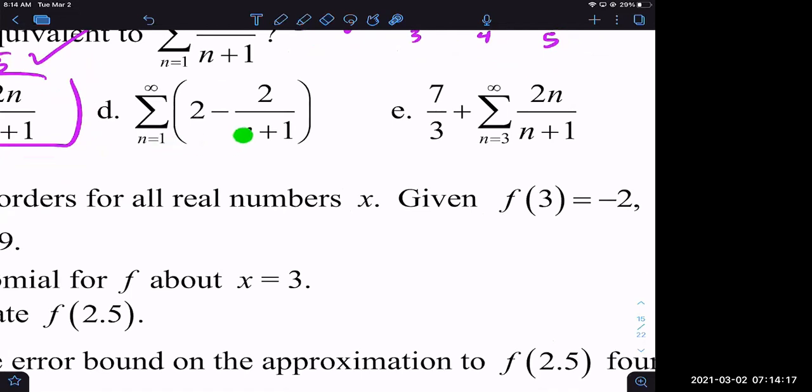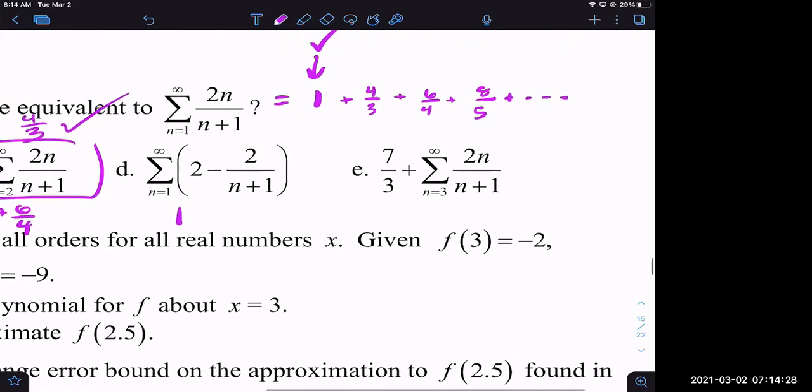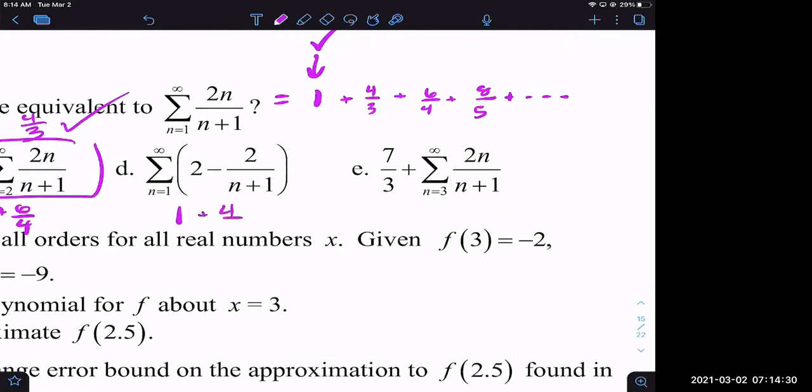If we plug in 1, we'd have 2 minus 2 over 2, the first term is 1. If we plug in 2, we'd have 2 minus 2/3, which is 4/3. So this one does match. We could do the same thing here, just plug in 3 and it would be equivalent. So in this case, all are equivalent.